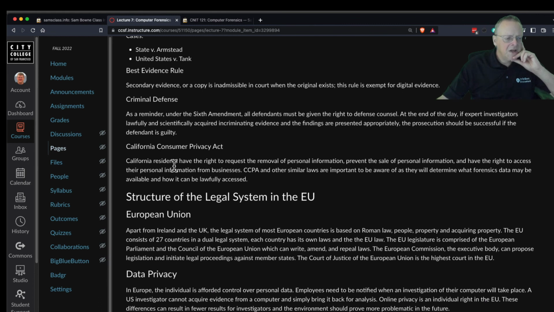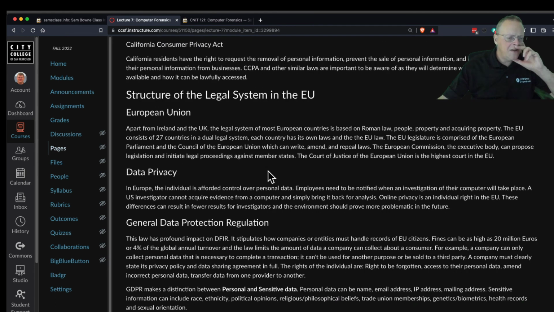All right. Now you've got some information about the European Union, which I haven't worried about much. The only thing about the European Union that's worth knowing is GDPR. They were the first to have really strong privacy laws. The General Data Protection Regulation lets citizens erase their data off social networks.